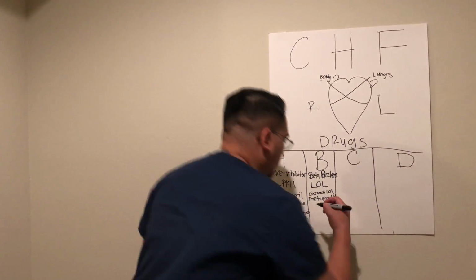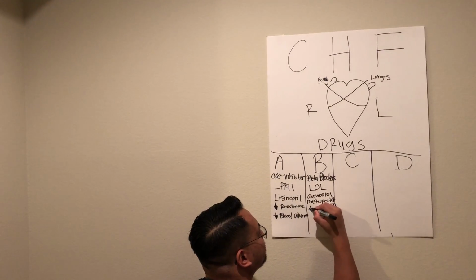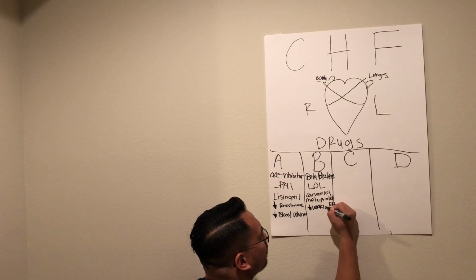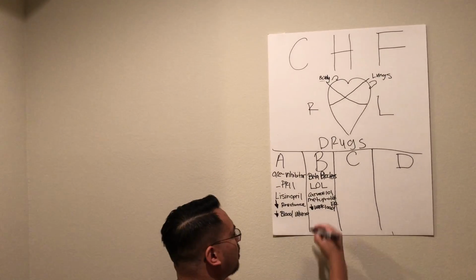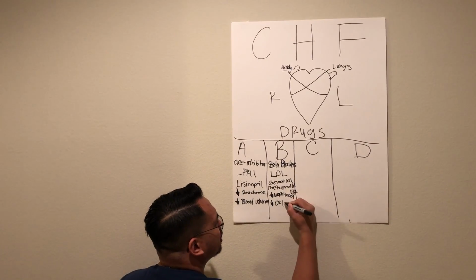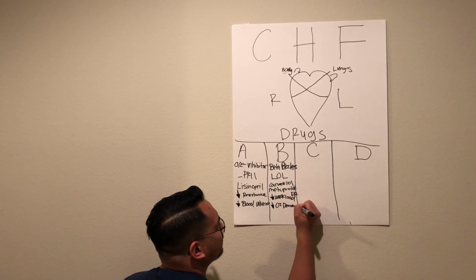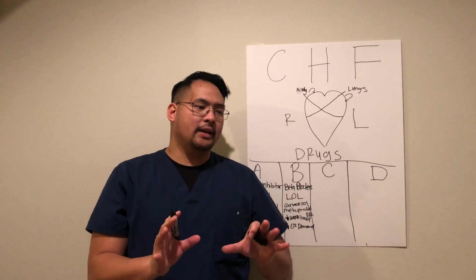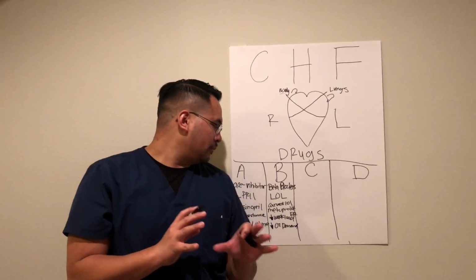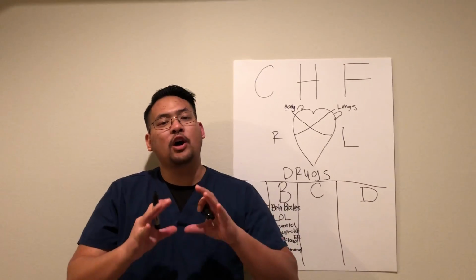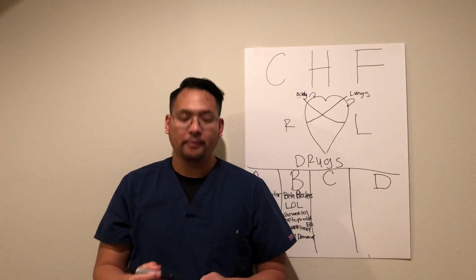It decreases the workload of the heart and also decreases oxygen demand. So the heart requires less oxygen, and it takes the workload, or the pump, it gives the heart basically a break. Okay.